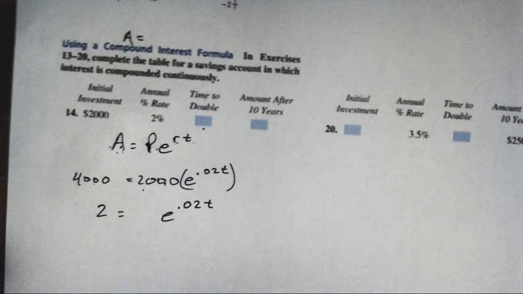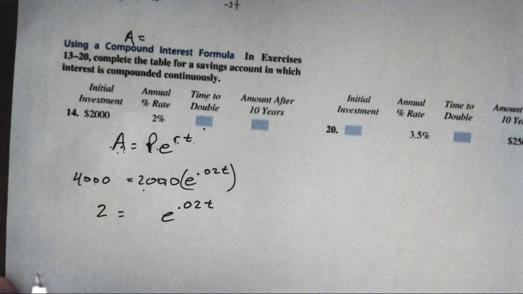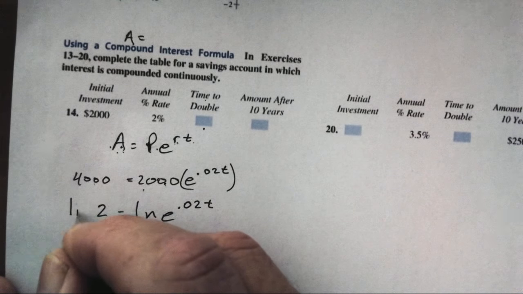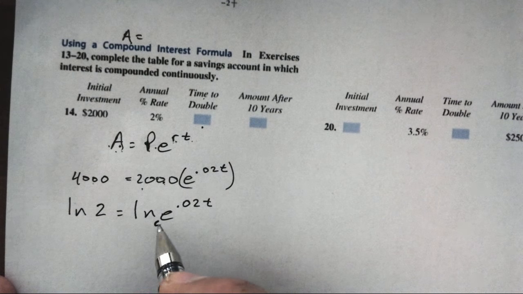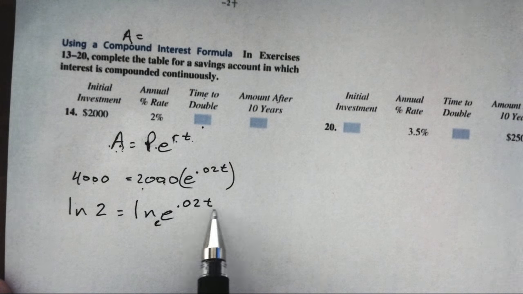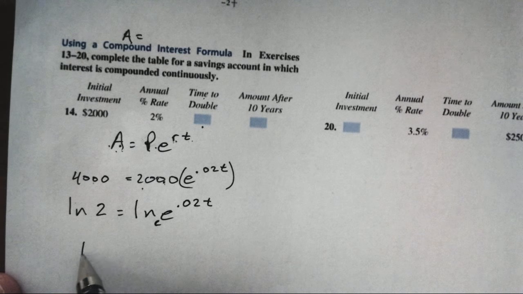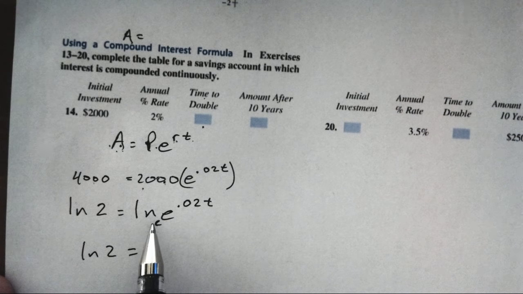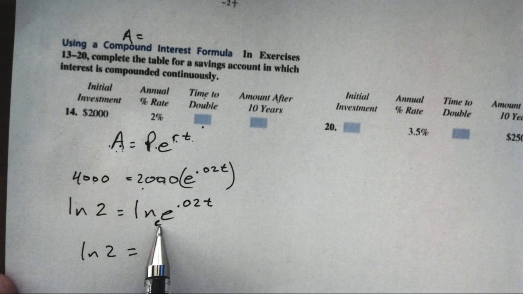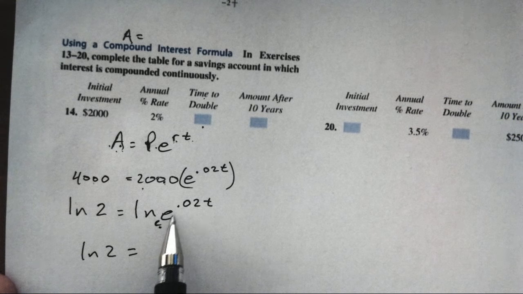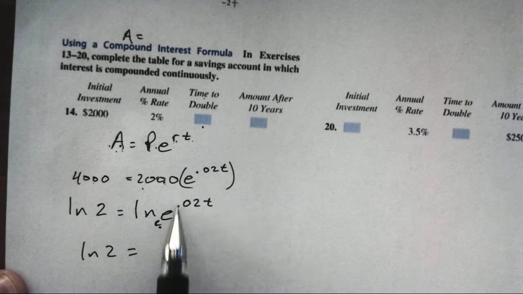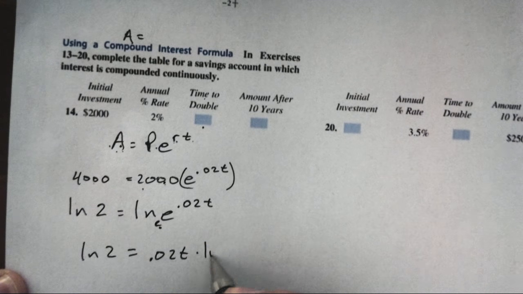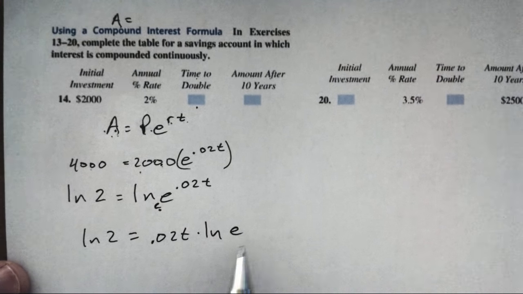And now that it's isolated, I can take the logarithm of both sides, and I'm most certainly going to use ln since we're base e here. ln 2 equals ln, or log base e, of e to the 0.02t. We could bring the 0.02t out in front, times ln e, and hopefully we recognize ln e as 1.